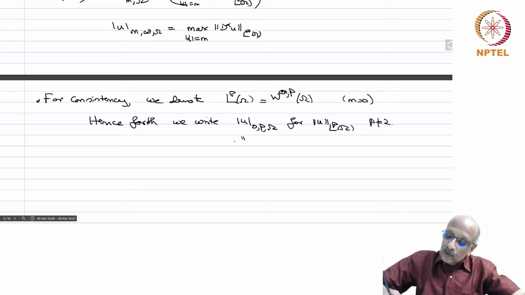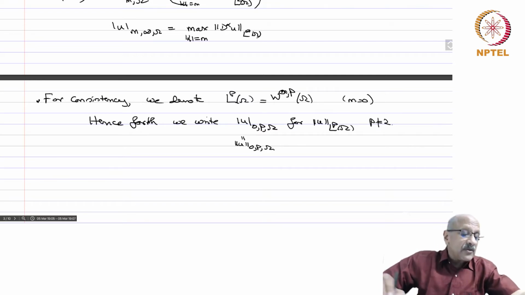So this is equal to ‖u‖_{0,p,Ω}, and these are the norms we give for L^p(Ω) to be consistent.